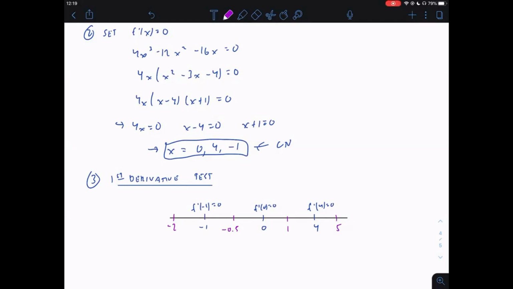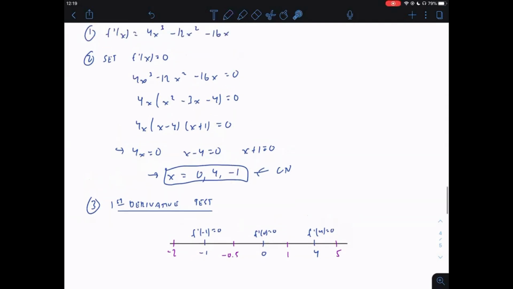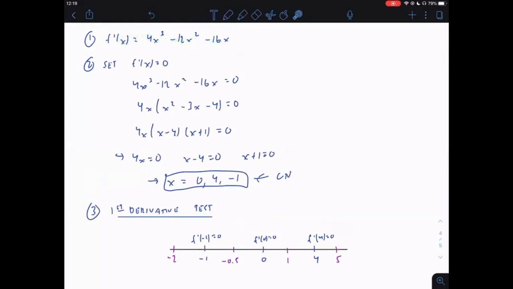And again, we're going to be taking these test points and plugging them in to the first derivative. All right, so f prime at -2, f prime at -0.5, f prime at 1, and f prime at 5. So let's see what type of slope our function had before these critical numbers.